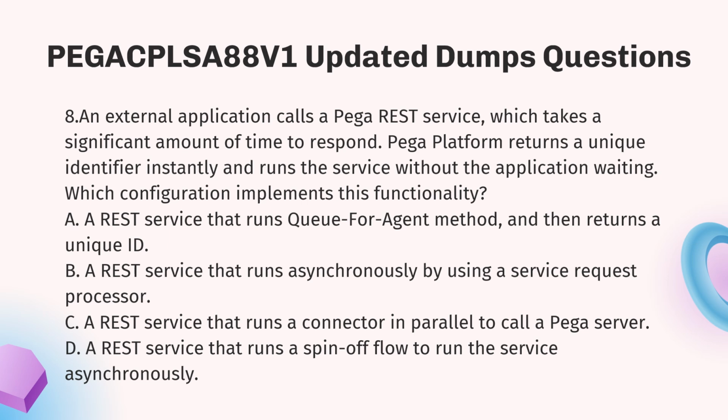B. A REST service that runs asynchronously by using a service request processor. C. A REST service that runs a connector in parallel to call a Pega server. D. A REST service that runs a spin-off flow to run the service asynchronously.